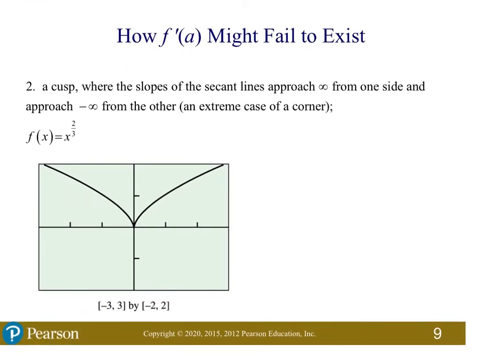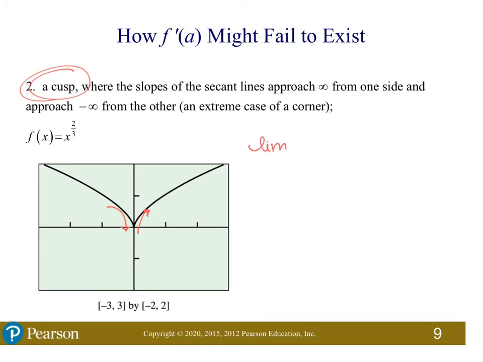Here's another example of an extreme corner, which we call a cusp. A cusp is where 2 curves meet each other. So a corner would be 2 straight lines meeting each other or a straight line meeting a curve. And when we have 2 curves meeting each other, that is called a cusp. And it is where the slope on the left is approaching negative infinity, but the slope on the right is approaching positive infinity, and that forms a cusp.